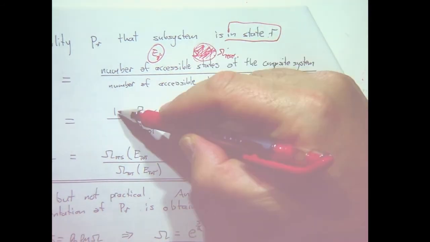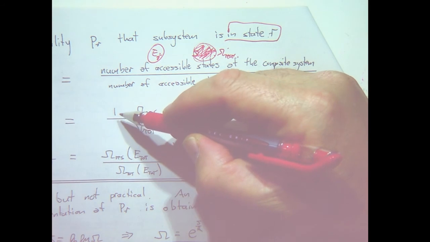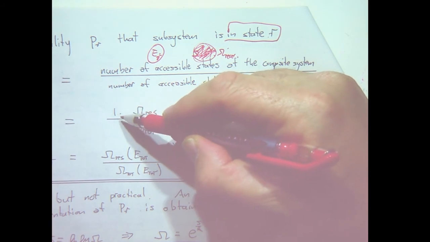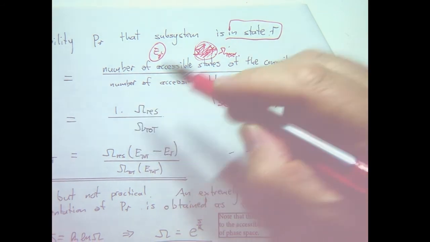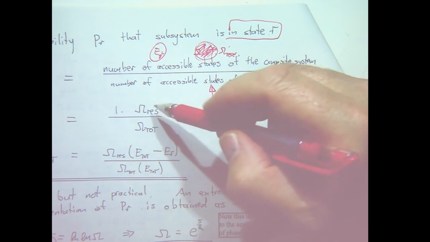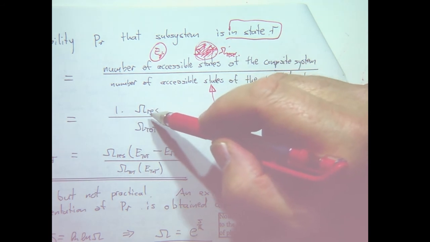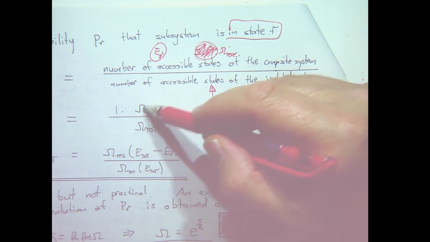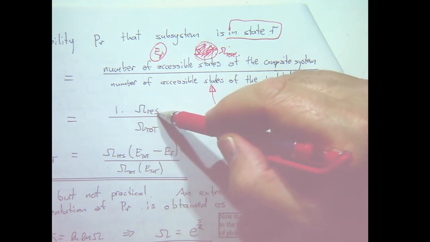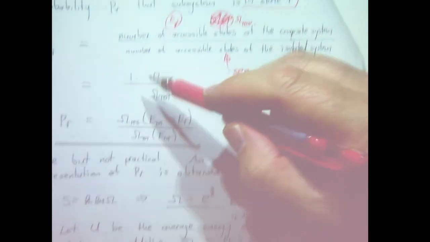So that's 1. That is why there's a 1 there. Right? But then that means that the reservoir defines the number of accessible states, omega res. And there's omega total in the denominator.